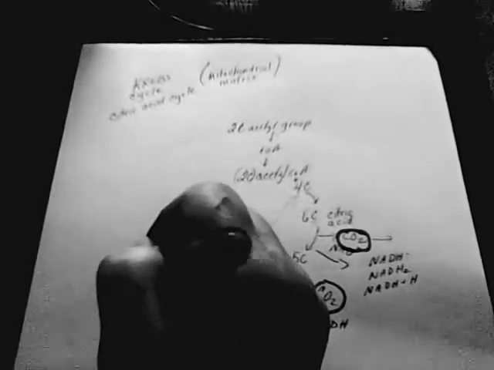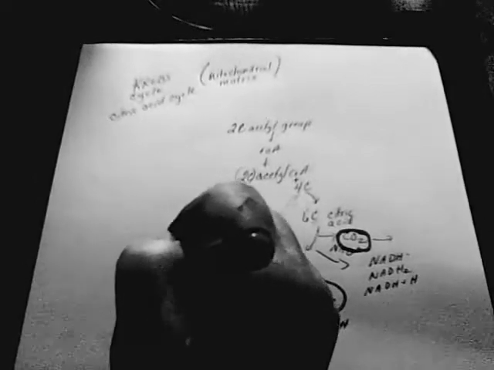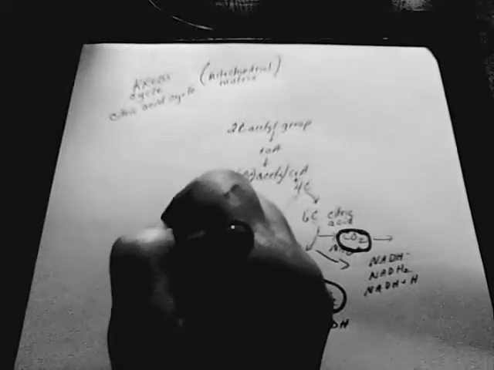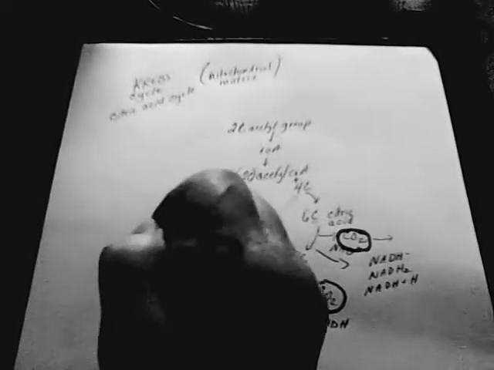So then at this point, what we're going to have is another intermediary that is called FAD. And it goes in and grabs a hydrogen and comes out as FADH2. All right, so there's one. There's one. Oops, there's one.